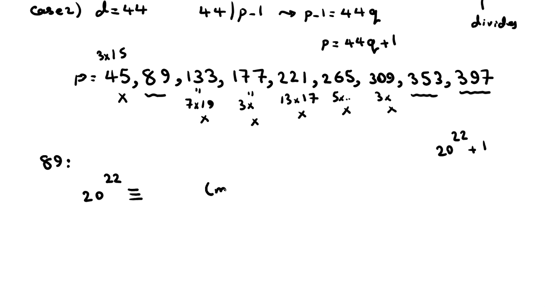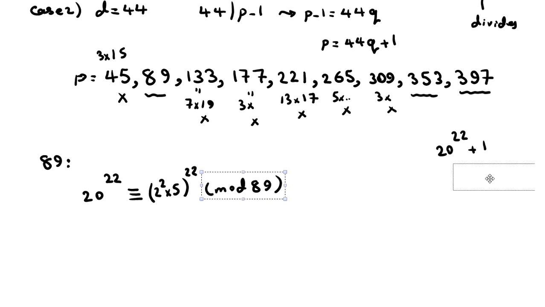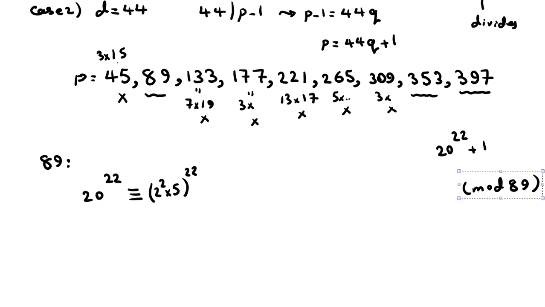We want to calculate this. Okay, we can say it is 2 squared times 5 to the power of 22. And let me write mod 89 at the end to be able to write many things. And it is 2 to the power of 44 times 5 to the power of 22.